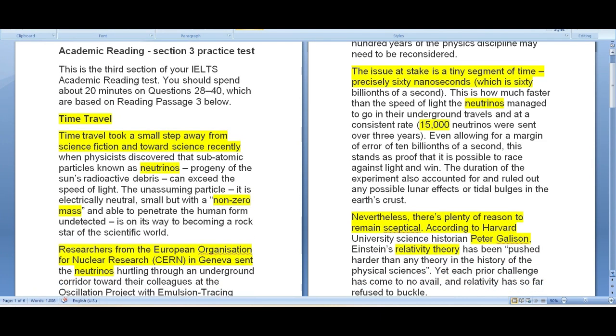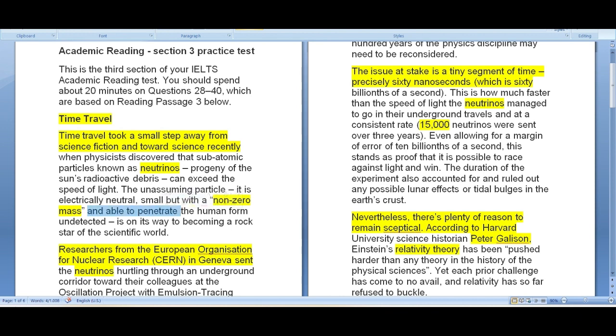I've stopped a little bit around here, since they do follow the order of the text. I will try to continue a little bit. The unassuming particle, it is electrically neutral, small, but with a non-zero mass. Remember, this helped us a lot. And able to penetrate the human form undetected. Here it is. Able to penetrate. Can you see the paraphrasing?